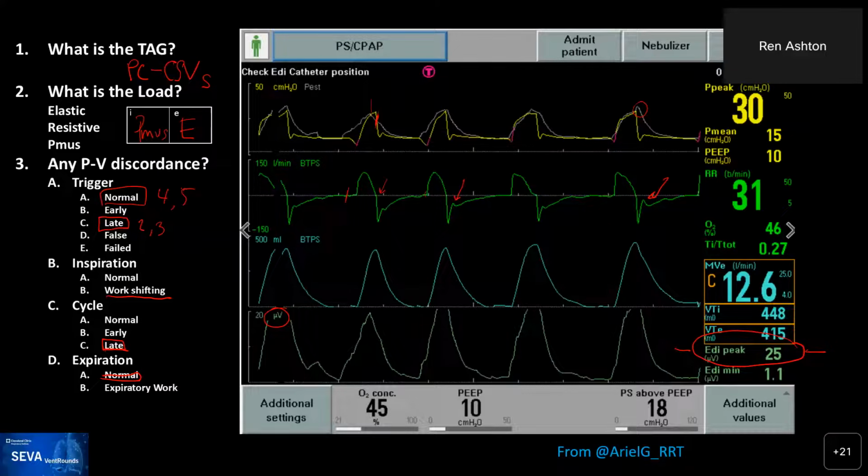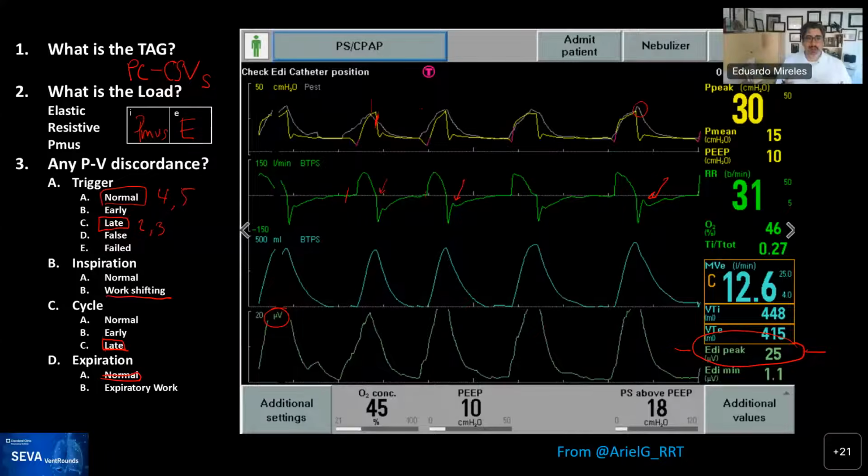And the reason I ask is, this isn't severe dyssynchrony, but this level of dyssynchrony could be seen in NAVA if you had the EDI trigger set inappropriately. You could still see late triggering and things like that if you set the EDI threshold too high. You still have to watch that, even though NAVA is a wonderful synchrony mode.